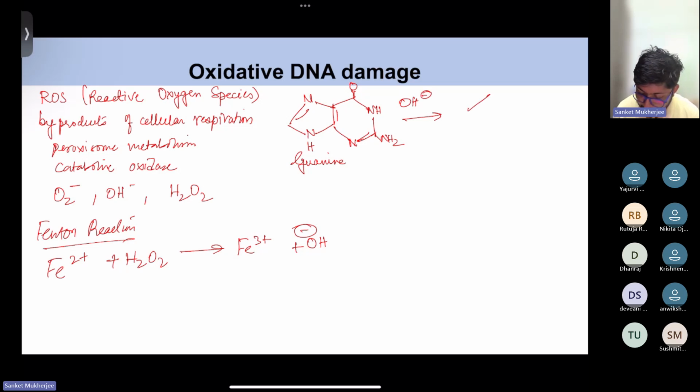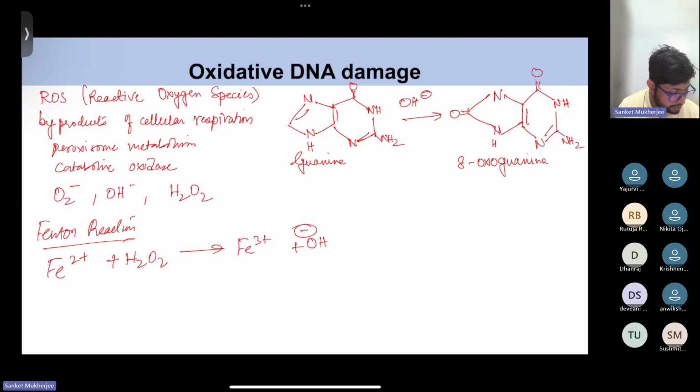What happens is very simple. This structure is 8-oxoguanine, a damage which is caused by reactive oxygen species. 8-oxoguanine can form 8-hydroxyguanine very easily, which is a reversible process actually.